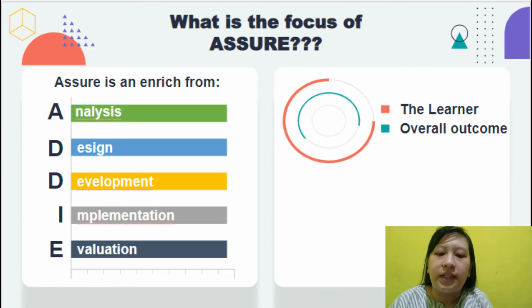The last one is evaluation. You can look at the course outcomes with a critical eye. Did the students achieve the expected learning outcomes? What have you learned? How can you make the course better? This phase consists of formative and summative evaluation.